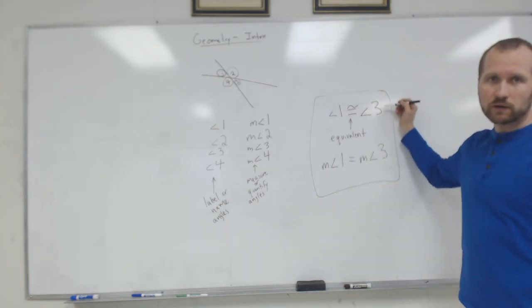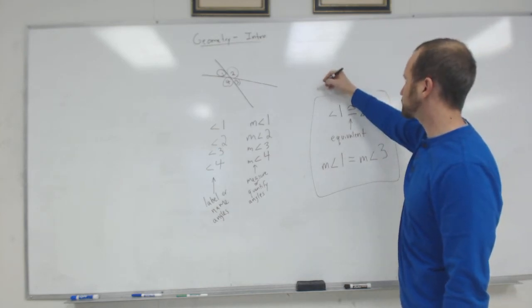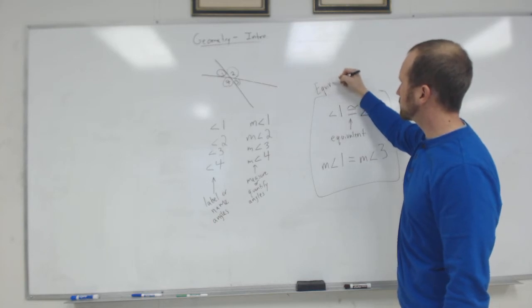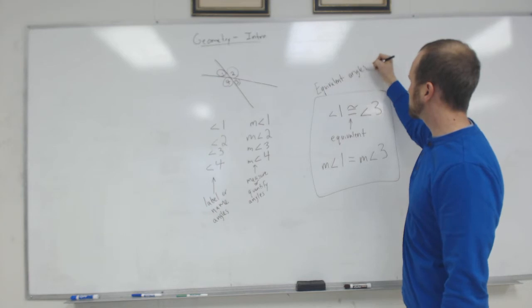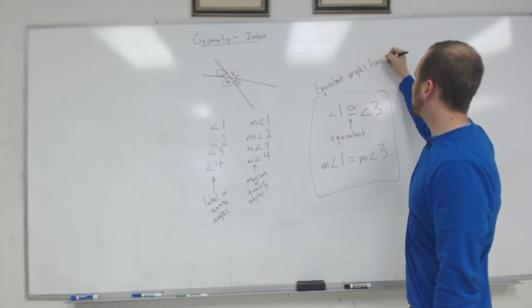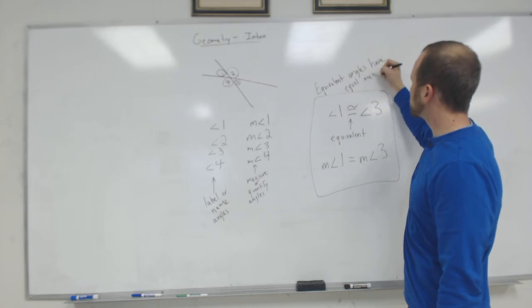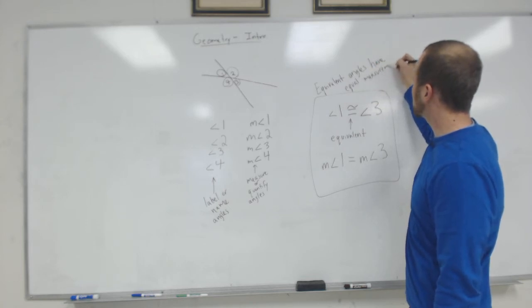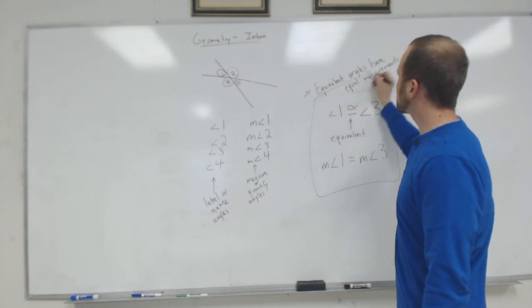This is actually a rule of geometry: equivalent angles have equal measurements. This is an important statement.